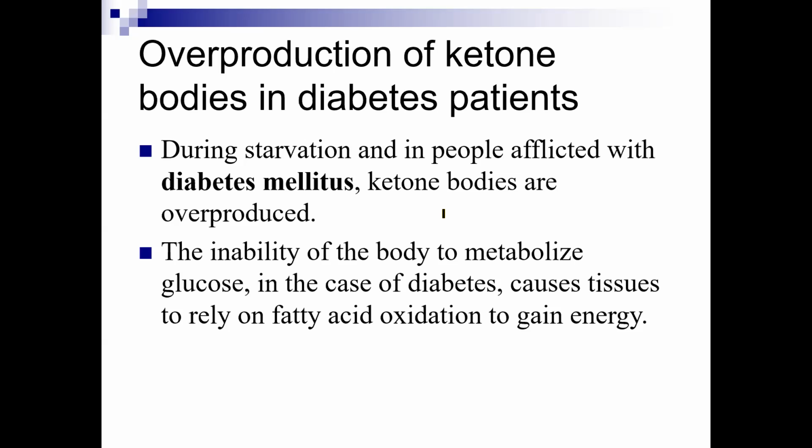So you oxidize fatty acids, you generate far more acetyl coenzyme A than the Krebs cycle can handle. Therefore, you will divert those into the synthesis of ketone bodies, because glucagon also upregulates the enzymes of ketogenesis.